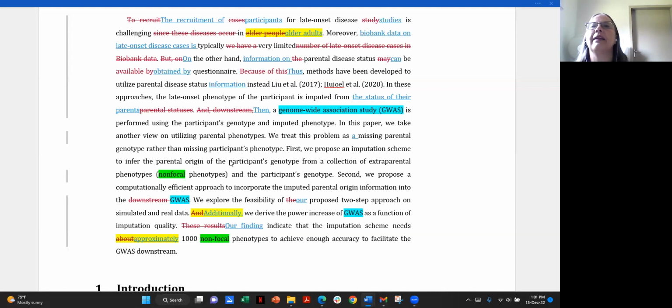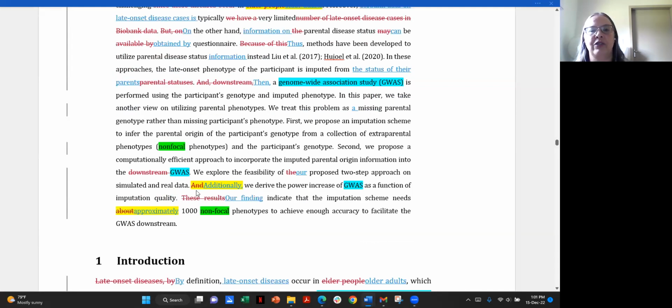Another thing I was talking about is using formal language. Here they have started a sentence with and. That's okay if you are talking in a conversation to someone. But here we are using formal language in a scientific document. So instead of saying and, I've changed it to additionally.